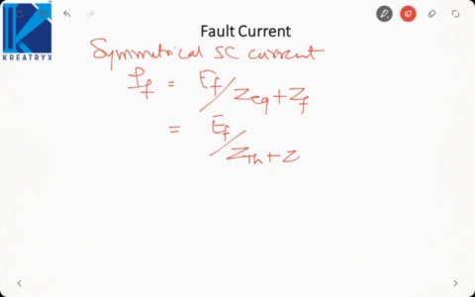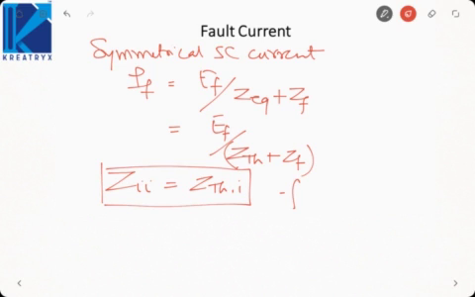or we can say Z Thevenin plus ZF. Now when we saw the definition of Z-bus elements, I told you that the diagonal element at any bus is the same as the Thevenin impedance at that bus. So if the fault occurs at ith bus, then Z Thevenin is equal to Zii.